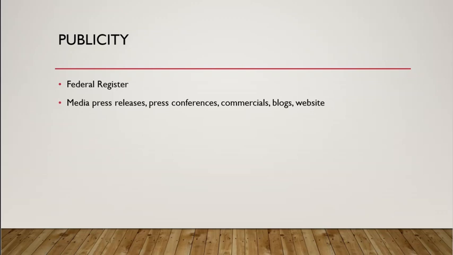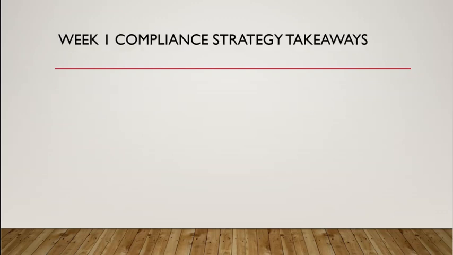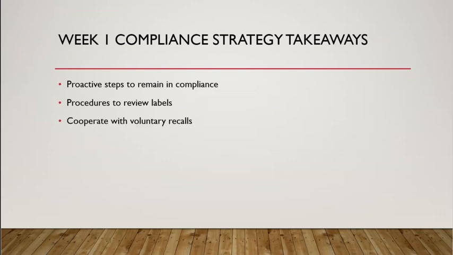So, that's an overview for week 1. And let me just suggest 3 possible compliance strategy takeaways. Number 1, make it your strategy to be proactive, to take steps to be and remain in compliance. You want to have, for example, procedures to review labels, and you want to cooperate with voluntary recalls.